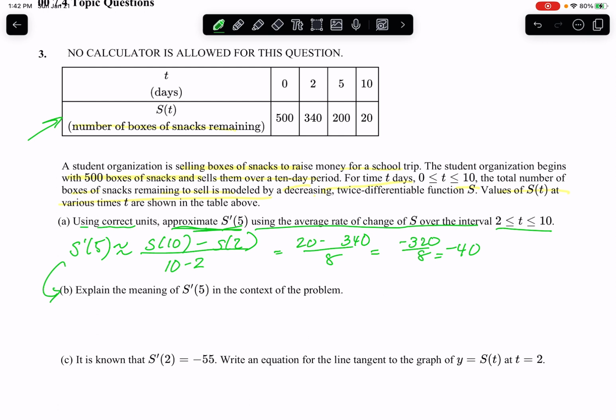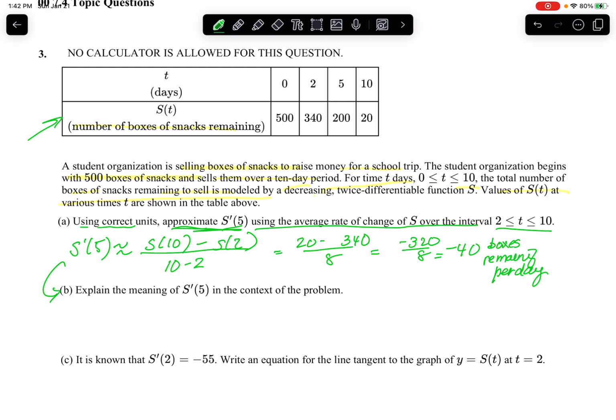Now they want us to use units, so let's see, how would we say that? Boxes remaining per day. So S prime of 5 is approximately negative 40 boxes remaining per day.